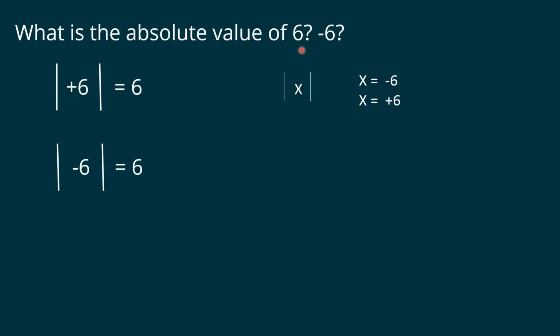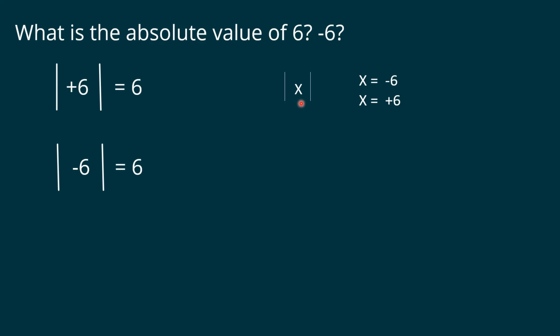Absolute value of 6 or what is the distance of 6 from 0. So now, instead of writing this in words, we can put it this way. This line here and the number each side, which means, what is the absolute value of positive 6? And that is equal to 6. What is the absolute value of negative 6? And that is equal to 6.